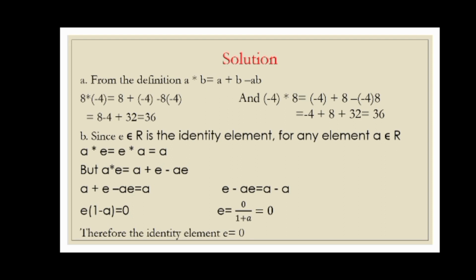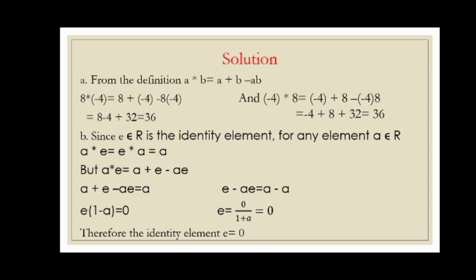So minus into bracket negative 4 times 8. So minus 4 plus 8, then 4 times 8, we have 32. But minus minus gives us positive. Same answer, 36.